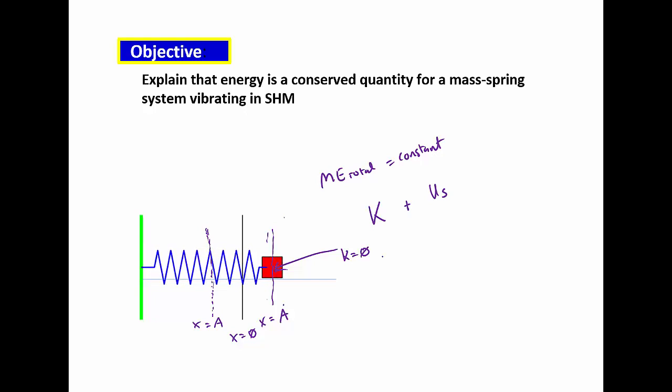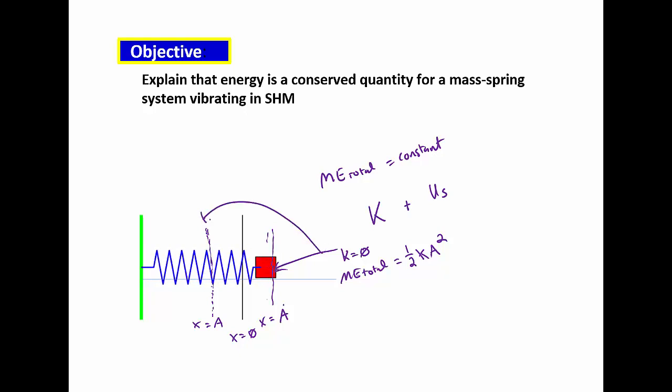That means that the total energy has to all be in the spring. So elastic potential energy, 1/2 kx squared, but instead of x, we would have the amplitude, 1/2 kA squared, because the stretch distance would just be A. So that's going to occur at those two points.